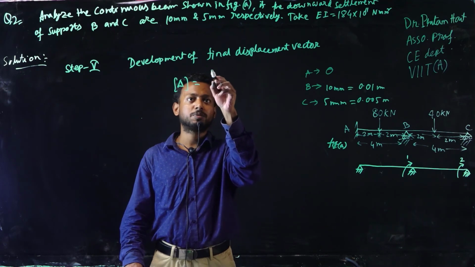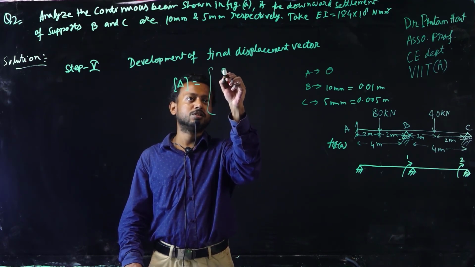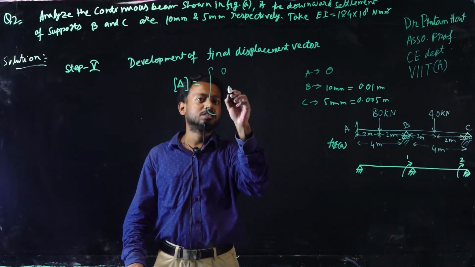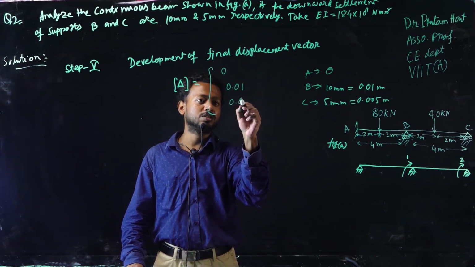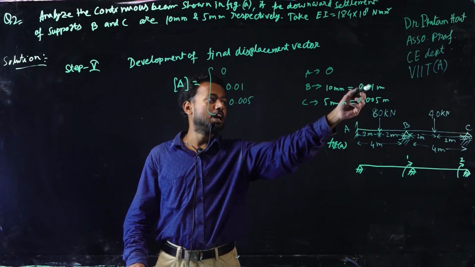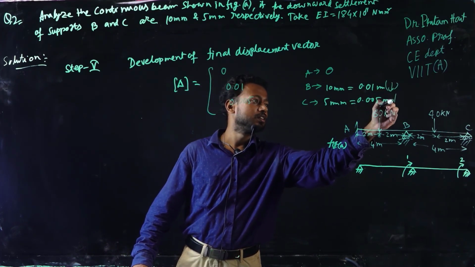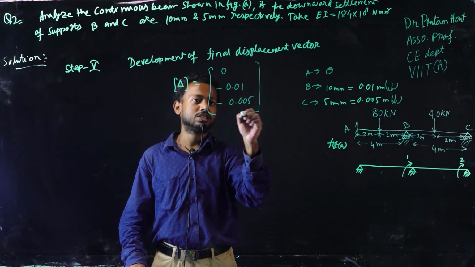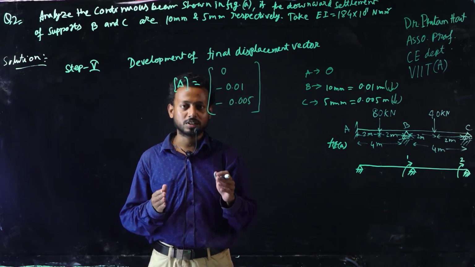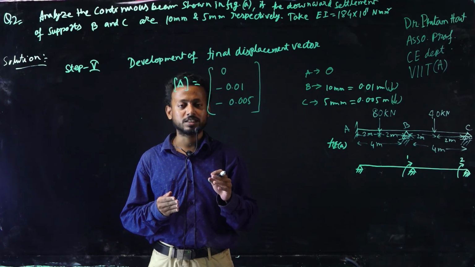So the displacement vector will be 0, 0.01, 0.005, and as this is downward settlement, it will be minus, minus. So this is your final displacement vector, and the rest of the calculation will be the same as the previous problem.